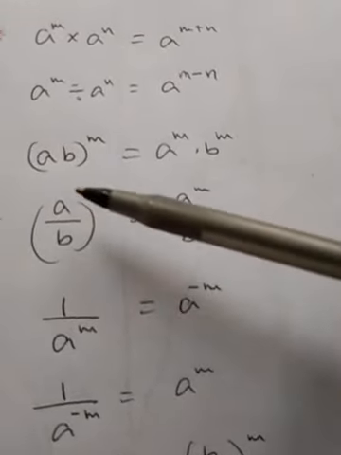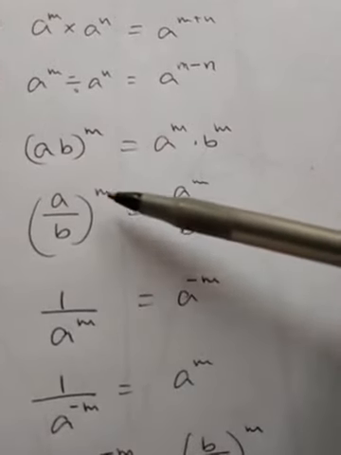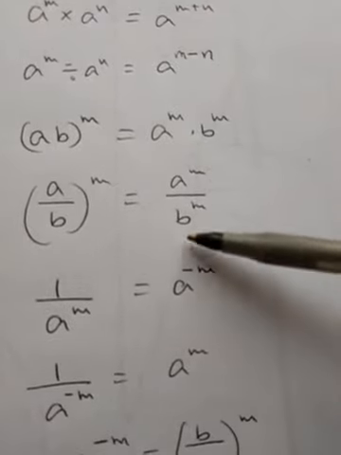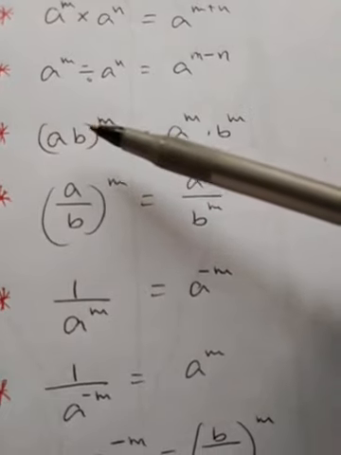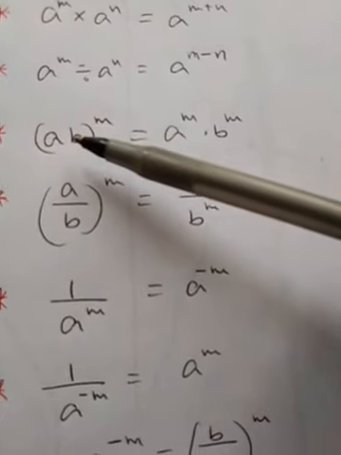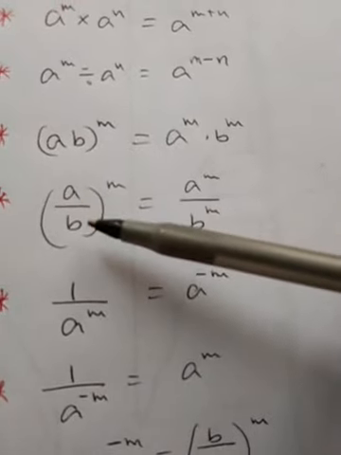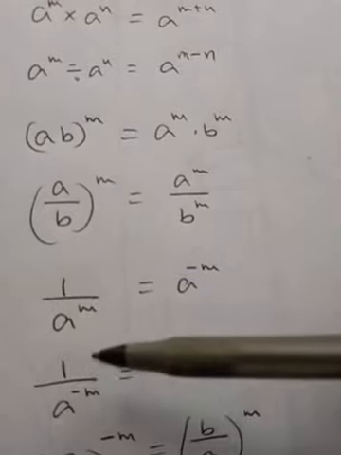And here also the same, a by b, this exponent we have distributed: a to the power m divided by b to the power m. Remember, this distribution of exponent is valid only for multiplication of terms and division of terms. Next, 1 by a to the power m.